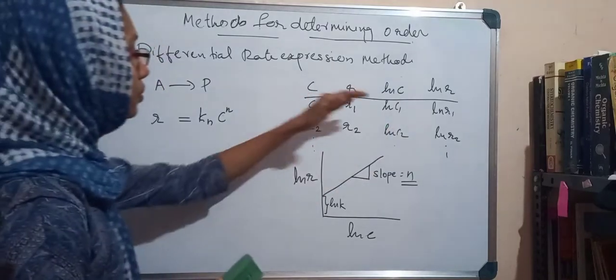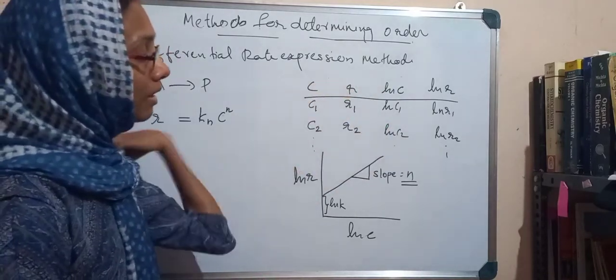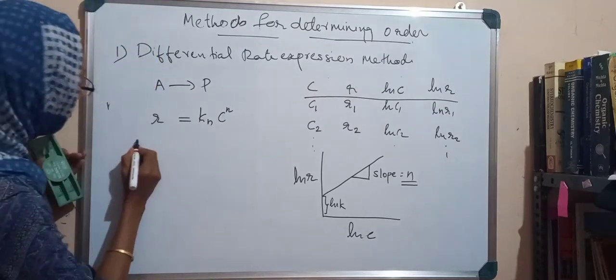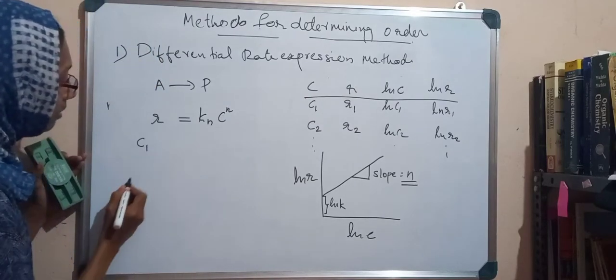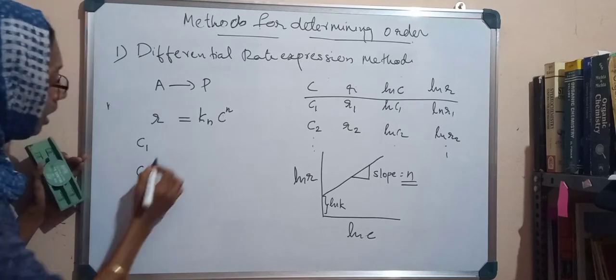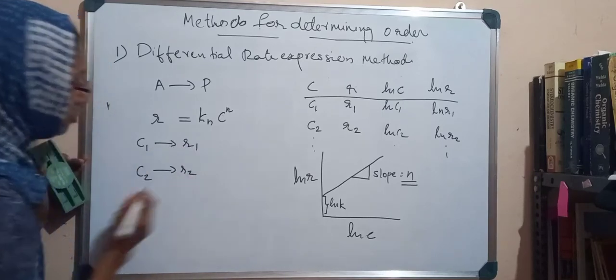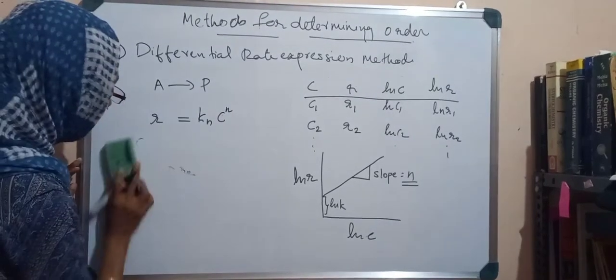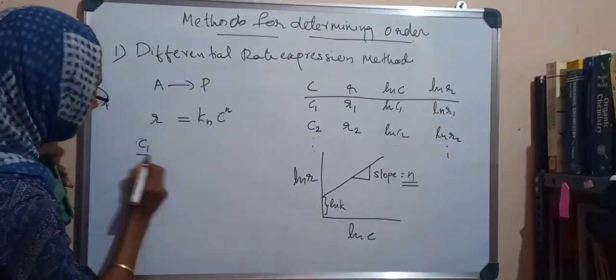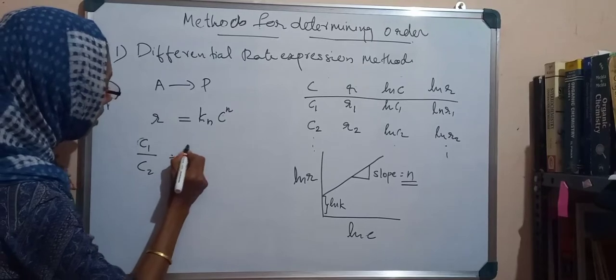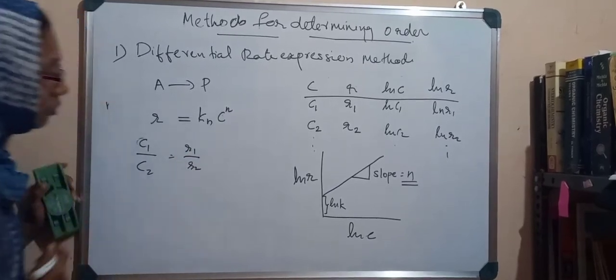So we can choose two concentrations C1 and C2 and the corresponding rates R1 and R2. Then C1 by C2 is equal to R1 by R2.